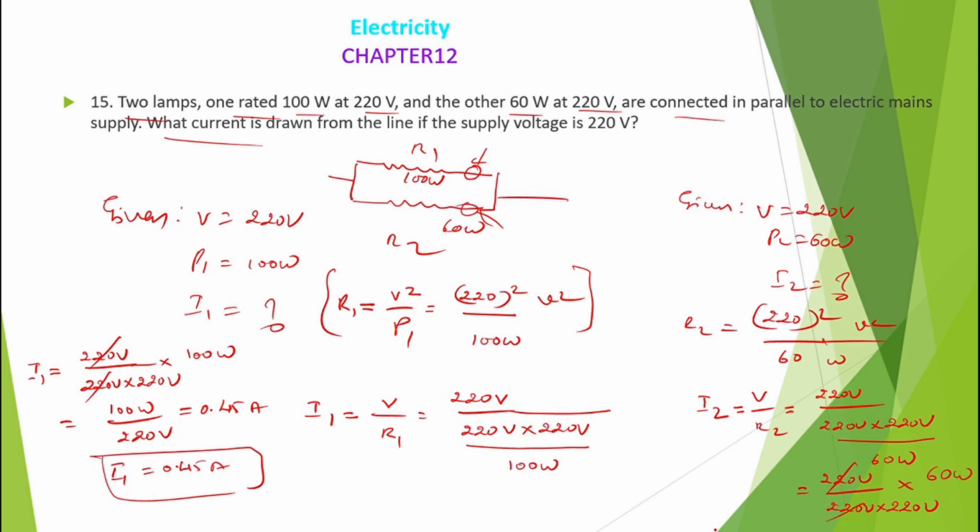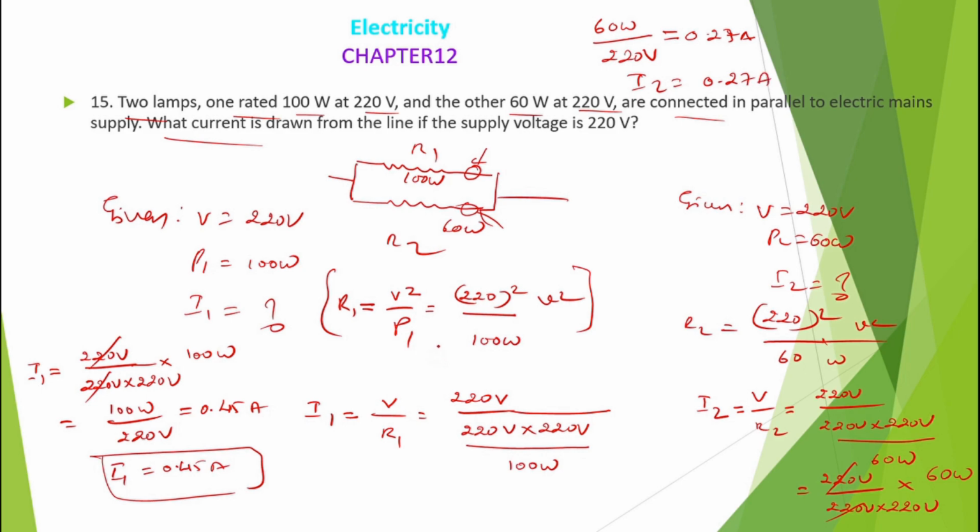So this one cancels, and you will get 60 watt divided by 220 volt. If you simplify this, you will get 0.27 amp. Okay, so I2 is equal to 0.27 amp.